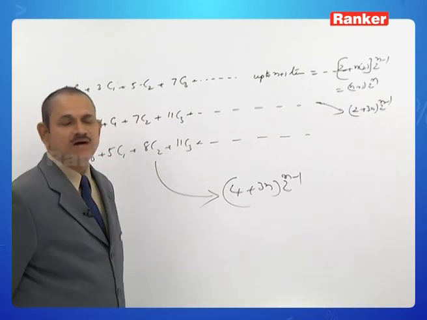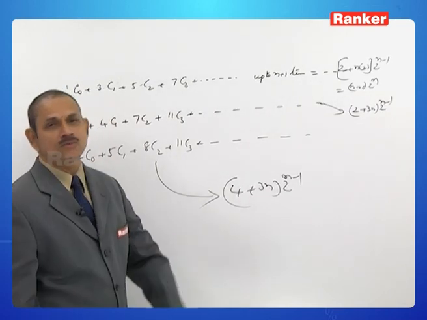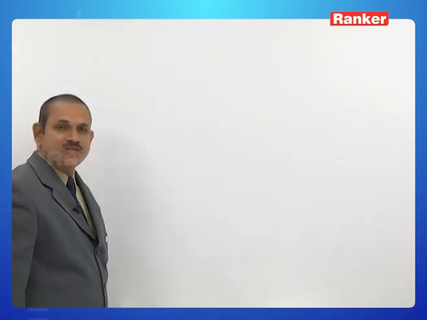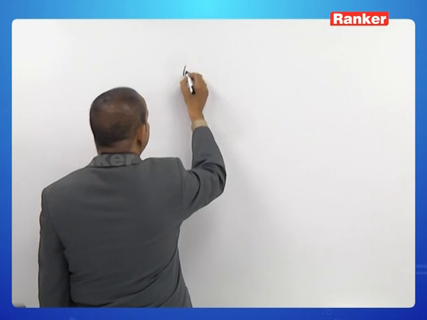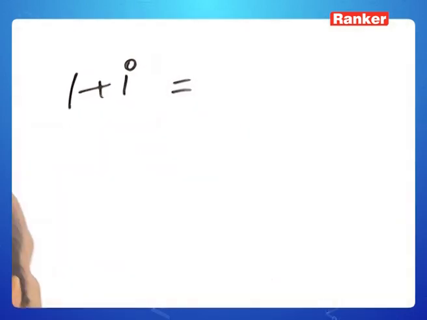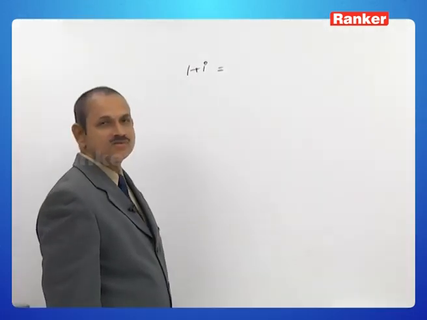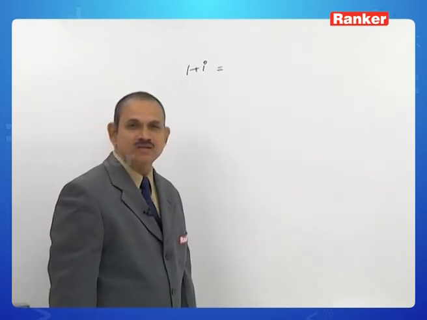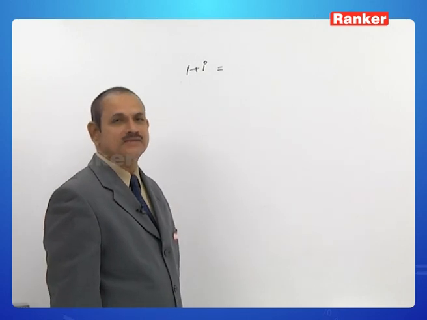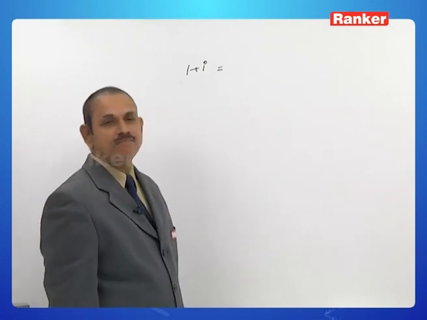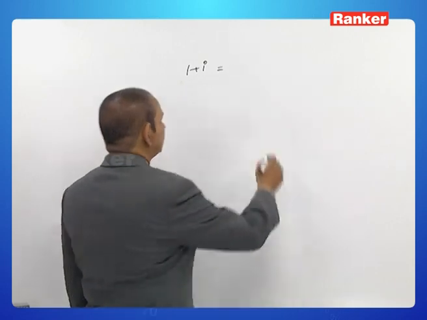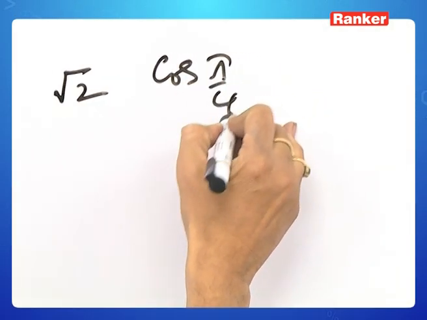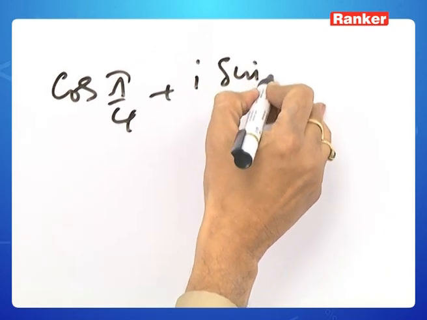Let us now turn our head towards one more new result regarding the binomial coefficients. For a little while, let us observe what 1 plus i is. Of course, it is a famous complex number, and if you transform this 1 plus i into modulus amplitude form, it can take the form root 2 into (cos pi by 4 plus i sin pi by 4).